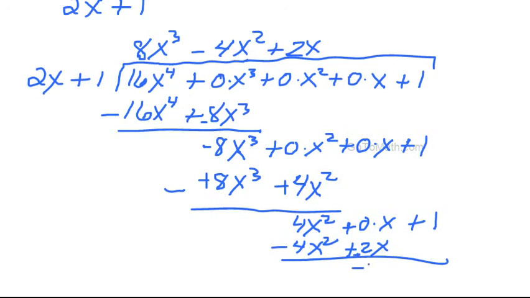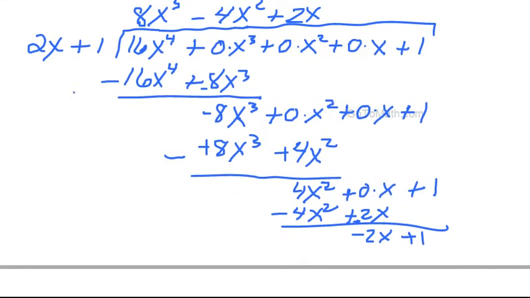So we got negative 2x plus 1. Now we have 2x goes into negative 2x minus 1 time. So we're going to get left, so that's going to make that a minus 2x, and then minus 1 times positive 1 gives us a minus 1.